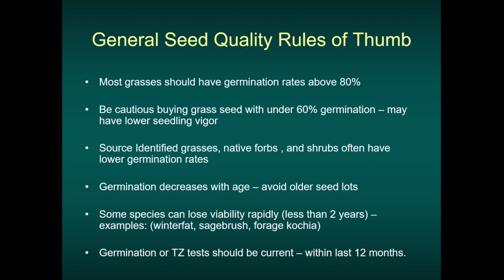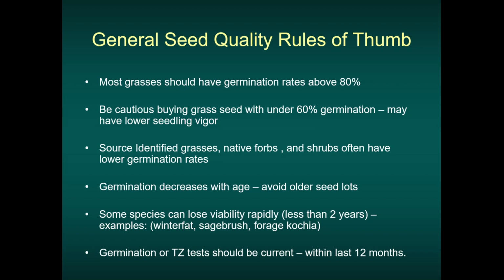Couple rules of thumb for seed quality real quick. Grasses should have pretty good germination rates. Above 80% is normal. If you find a lot of seed that has lower than 60% germination, be very careful with it.